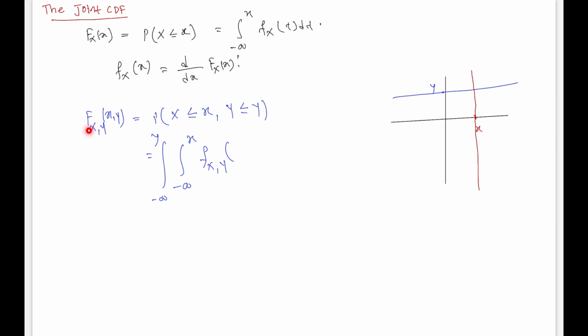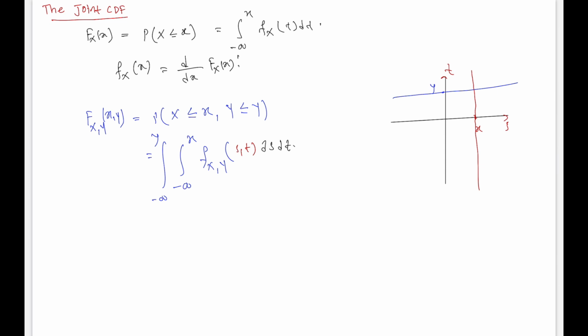Because in the CDF we are already using x and y. So let's use another variable, which we can call a dummy variable, say s and t. Alright, so this is what the joint cumulative distribution function is.